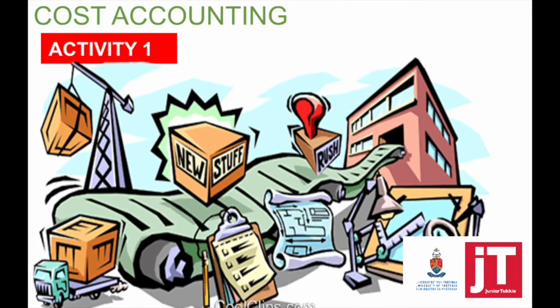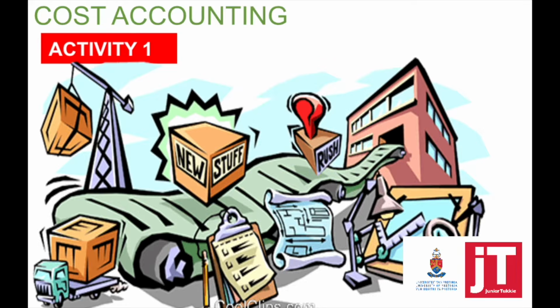Now, if we go back to the basics, in a manufacturing business I have 4 stock accounts, and it's important to understand the purpose of each one of them. We have the raw material stock account. In our raw material stock account, we calculate the direct materials issued, which is equal to our direct material cost.